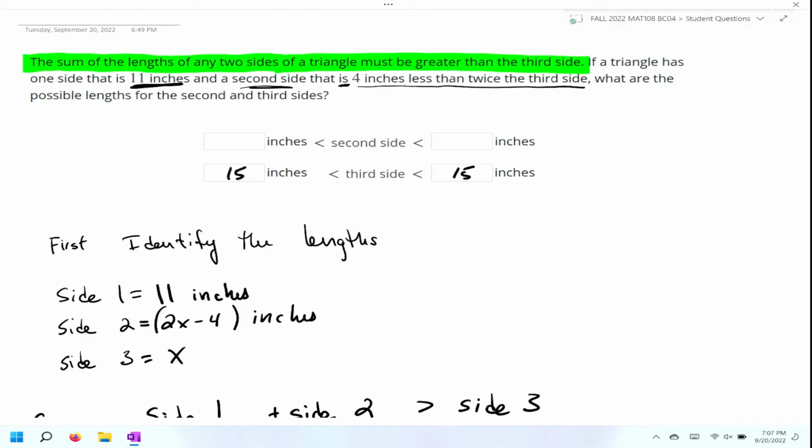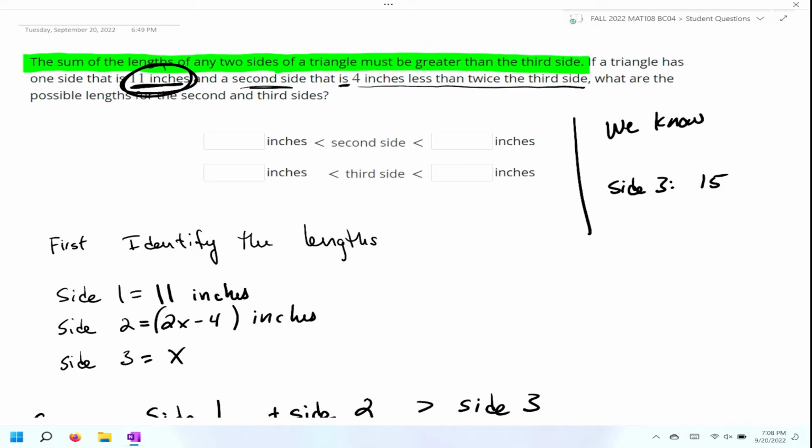The only way that we're going to know where the 15 goes is by finding the other ones. So far, we know side 3, and one of those numbers is 15. We also know side 1. Side 1, no matter which way you look at it, is 11 inches.